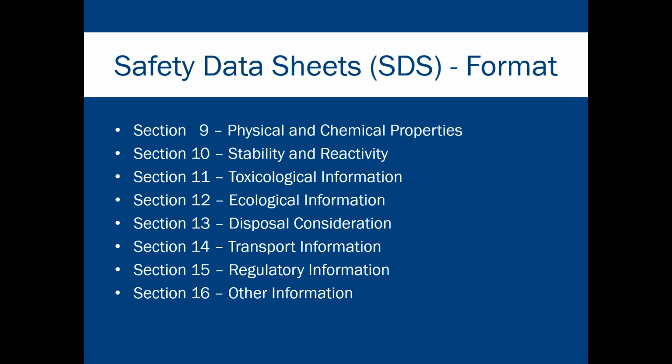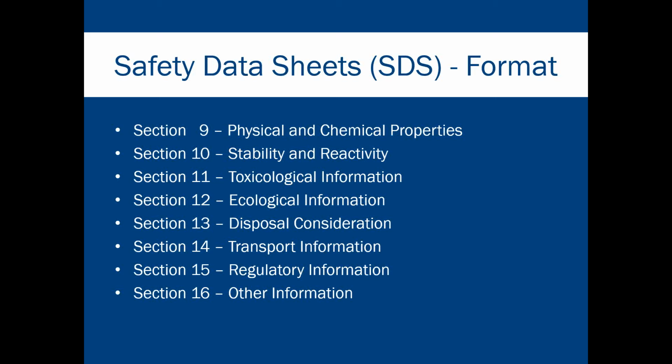Section 14 is transport information. And this is going to give you the DOT shipping names, the proper placards, and the proper labels to ship your chemical. Section 15 is regulatory information.